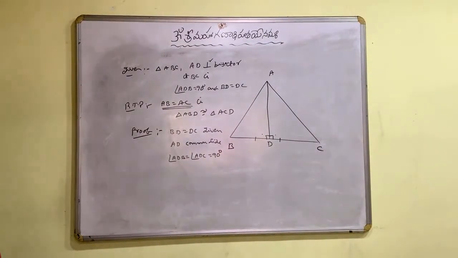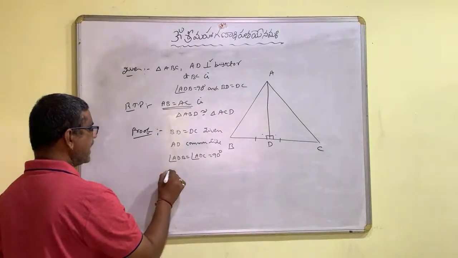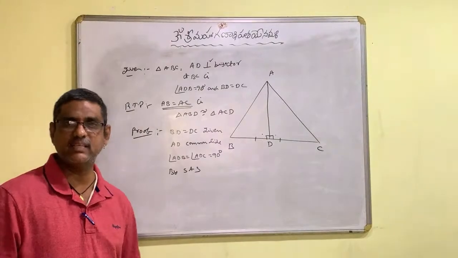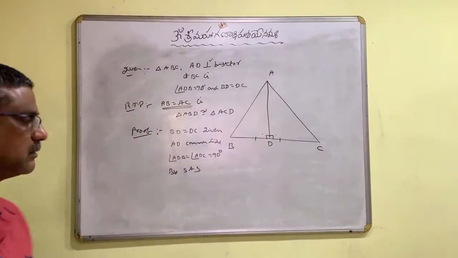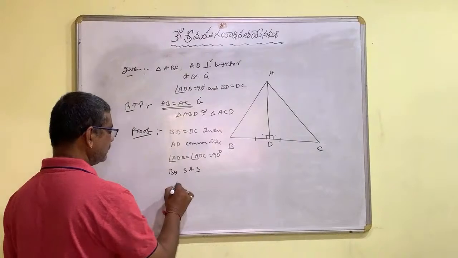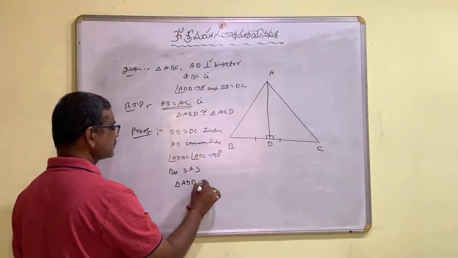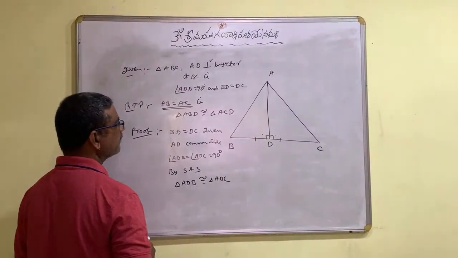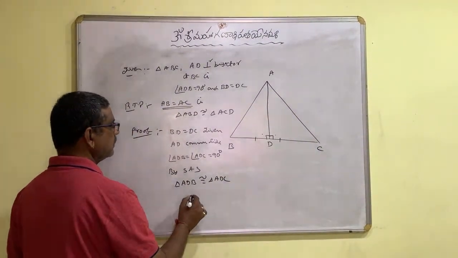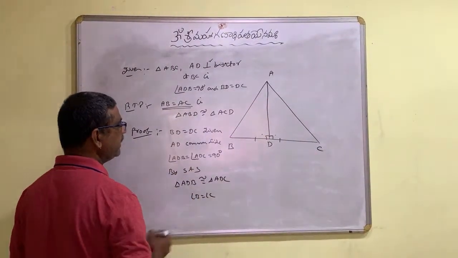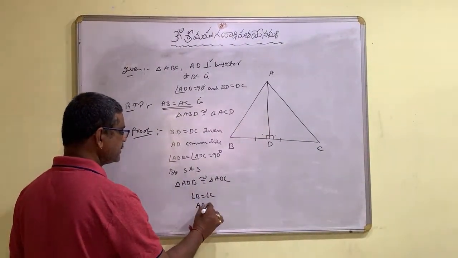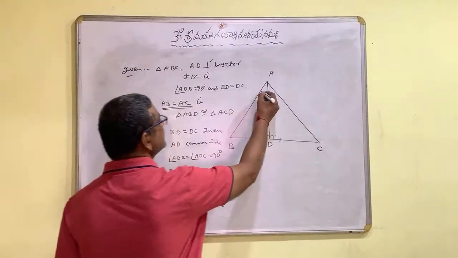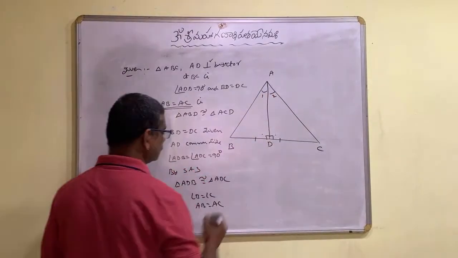Okay, na? Now, by SAS congruency condition, triangle ADB is congruent to triangle ADC. Now, angle B is equal to angle C, AB is equal to AC, and this one I am naming angle 1, angle 2.